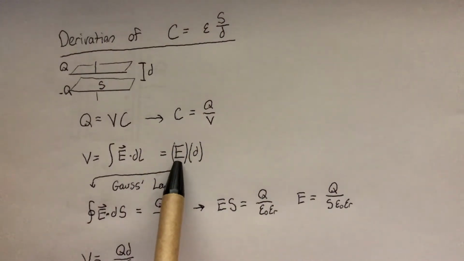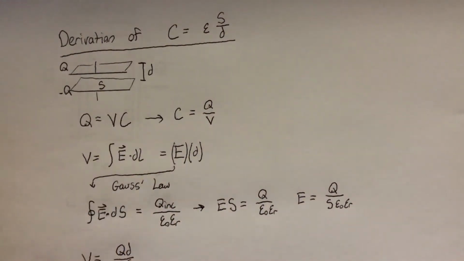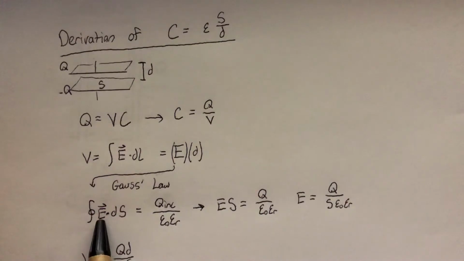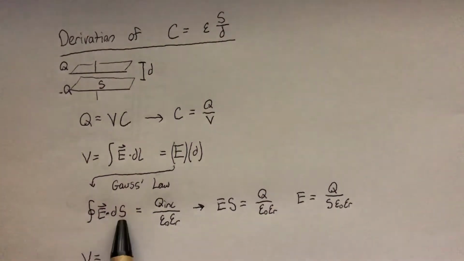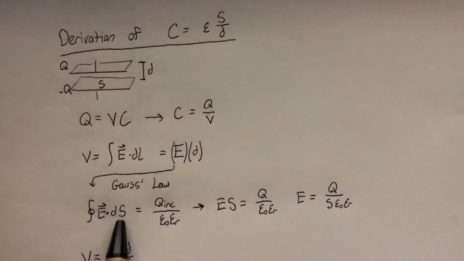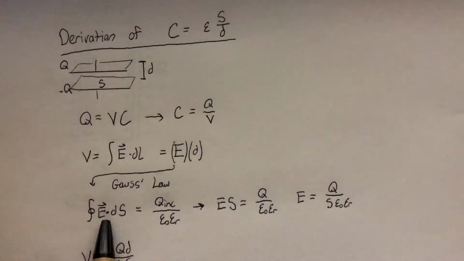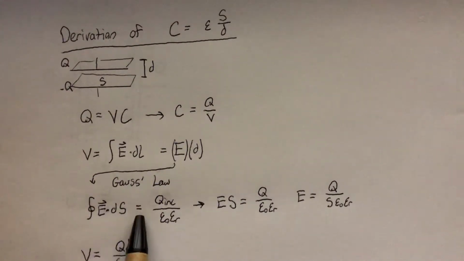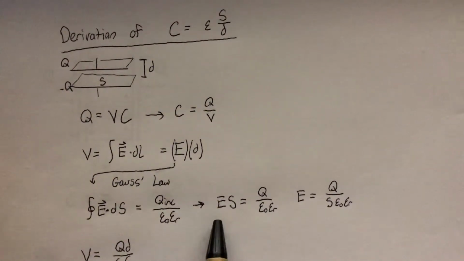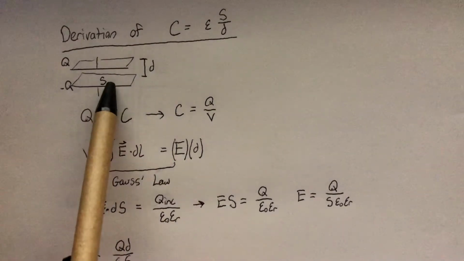In order to find this E, we have to use Gauss's law, and that is finding the electric field through a surface area. And that is equal to the enclosed charge over the permittivity. And going further, this E dot dS is just E times S because the dot product goes away.